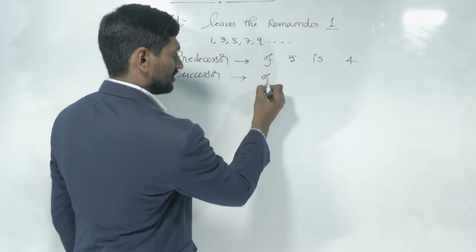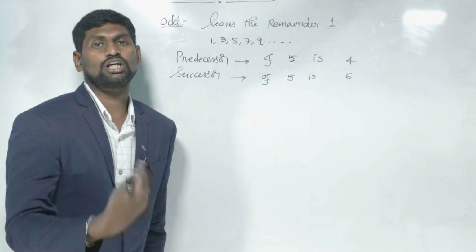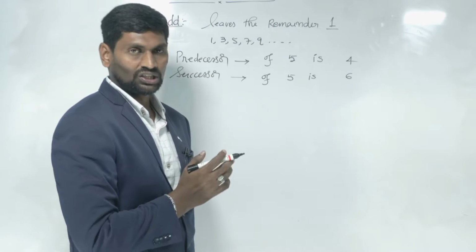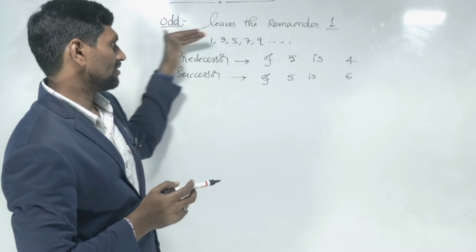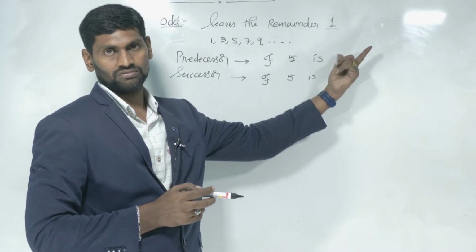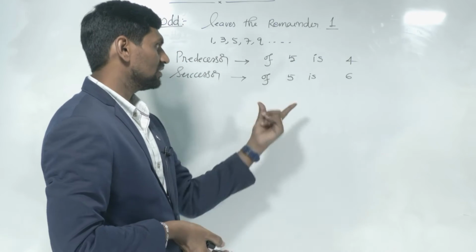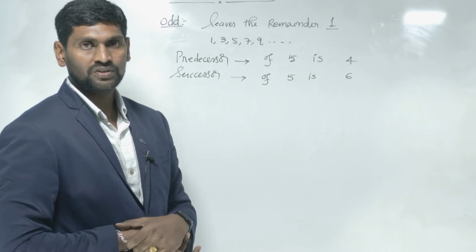Successor of 5 is 6. Successor means the number immediately after. This only works for integers. Successor is 5 plus 1, 6.